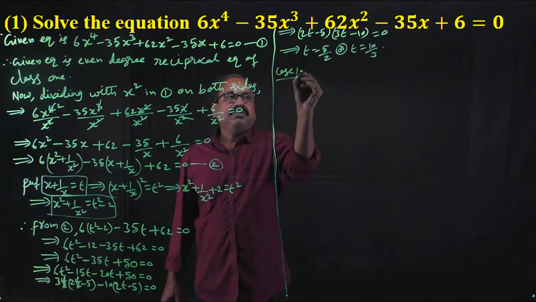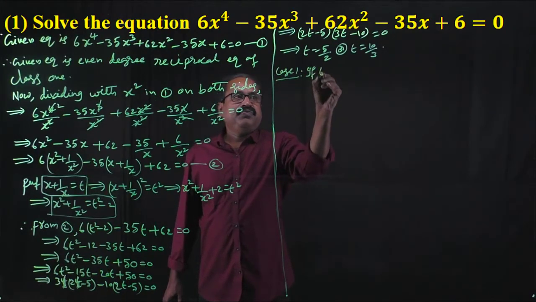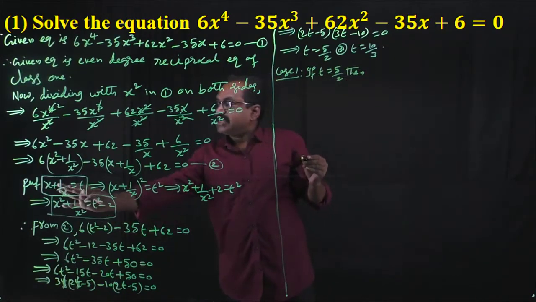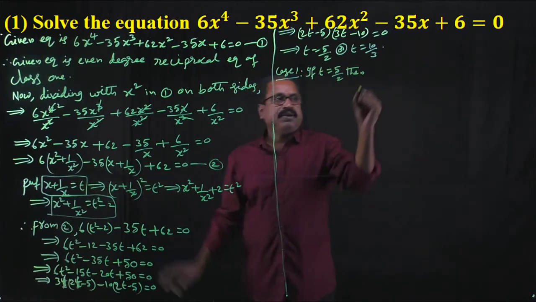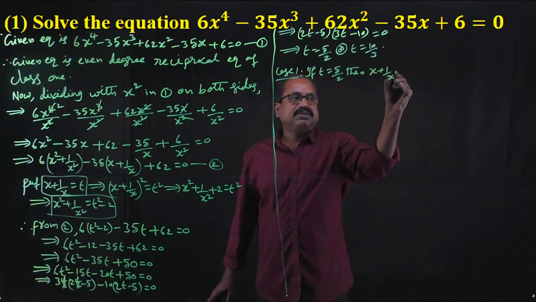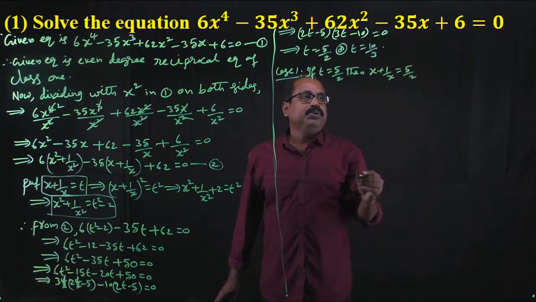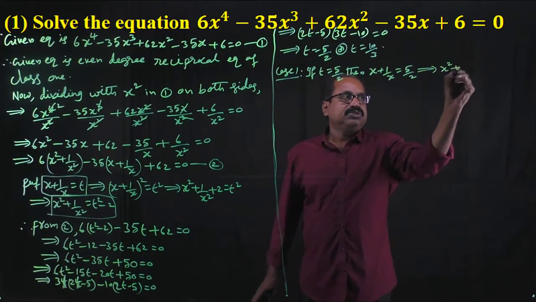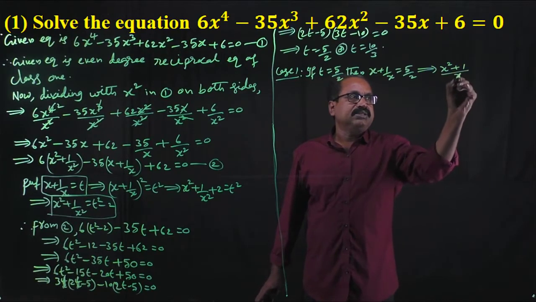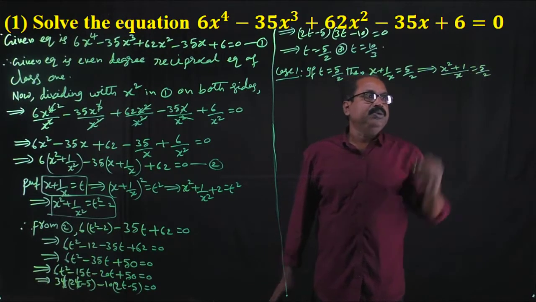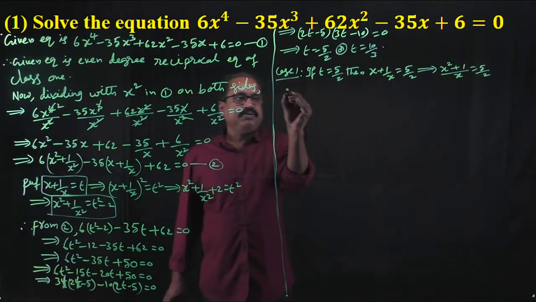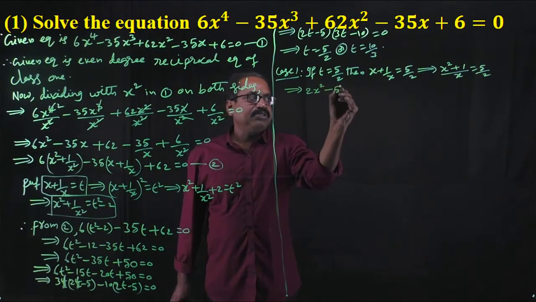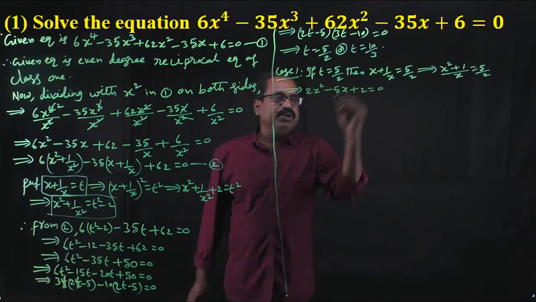Case 1. If t = 5/2, then x + 1/x = t, so x + 1/x = 5/2. So this implies (x^2 + 1)/x = 5/2. So now cross multiplication, 2x^2 - 5x + 2 = 0.